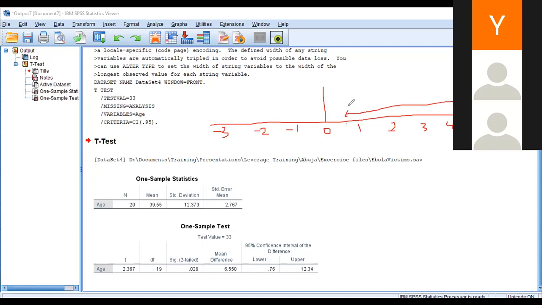So what this confidence interval is telling us is that the difference we have seen in this work is 6.55. That is your work, your sample. That's how it's different from the one they gave you in the population. But in the population, you are 95% confident that this difference I see from 5.5 here will be between something like 0.76 to 12.34.